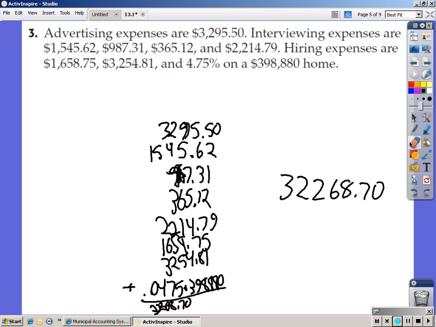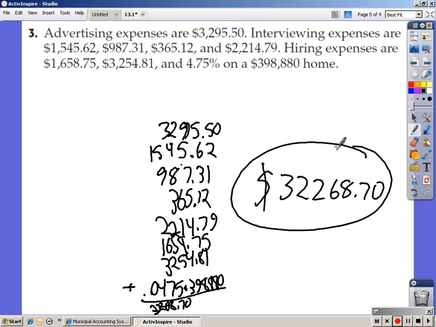This one is a 9 right here, I believe. 9,8,731. So he did everything right. You just add everything up, find your 4.75% of the price of the home, and your final answer is $32,268.70. All right, thank you, sir.